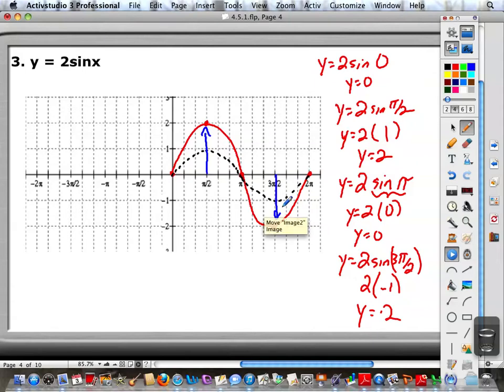They were at 1, and now they're at 2. So we're going to be looking at what causes that change in those maxes and mins, those high points and low points in the graph, and how we can use those to look at the graph and make a sketch based on what the original graph is and what our changes are.